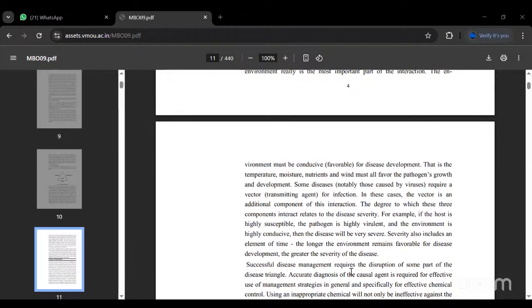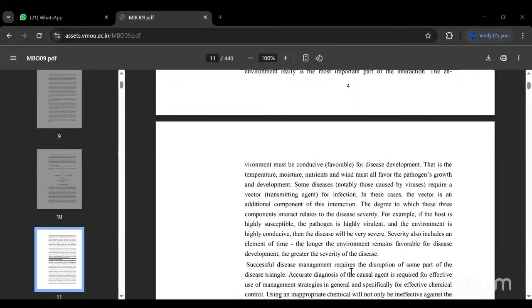A vector means a transmitting agent or vehicle that carries the diseased material from one plant to another. It is a transmitting agent for infection. In this case, the vector is an additional component of this interaction.